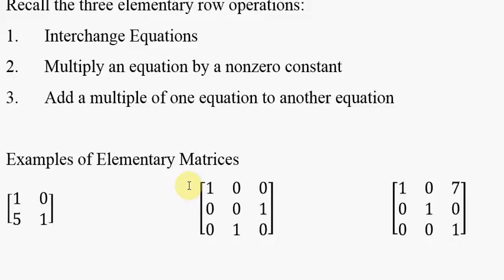So this is an elementary matrix. The first one is an elementary matrix. And then this last one, well, how do they get that 7 there? Exactly. Again, that's an elementary row operation. So if you perform onto the identity matrix only one elementary row operation, we call that matrix an elementary matrix.